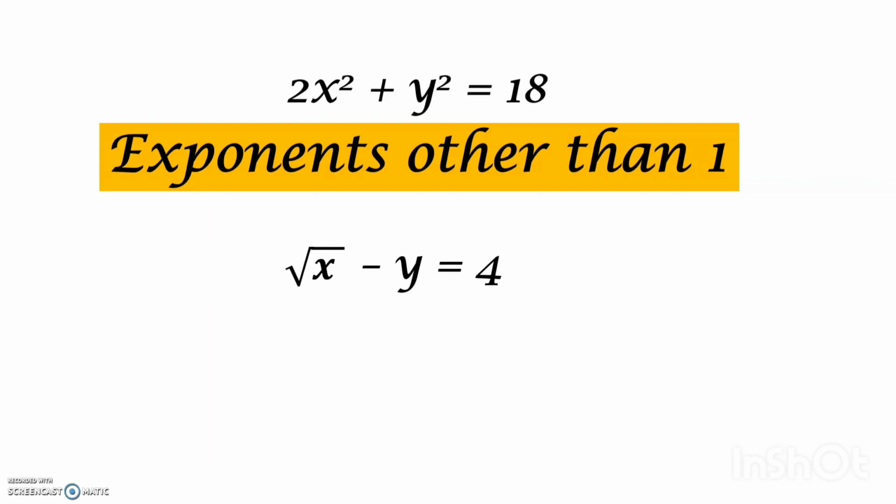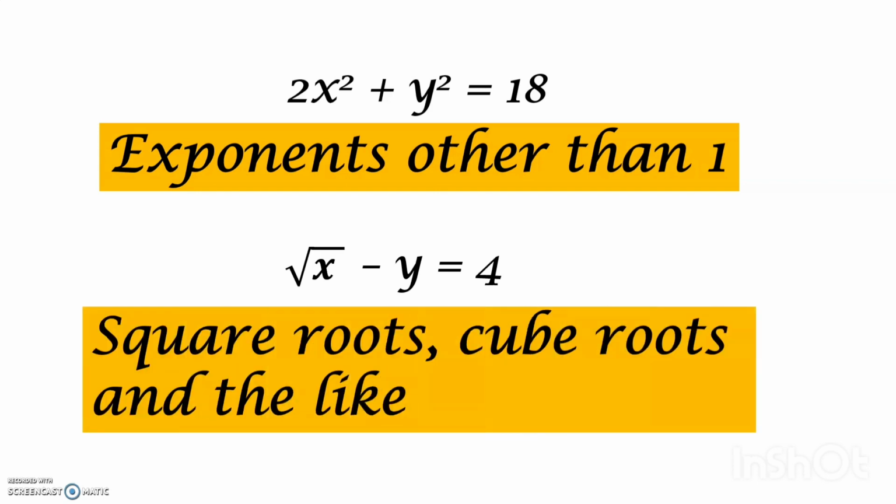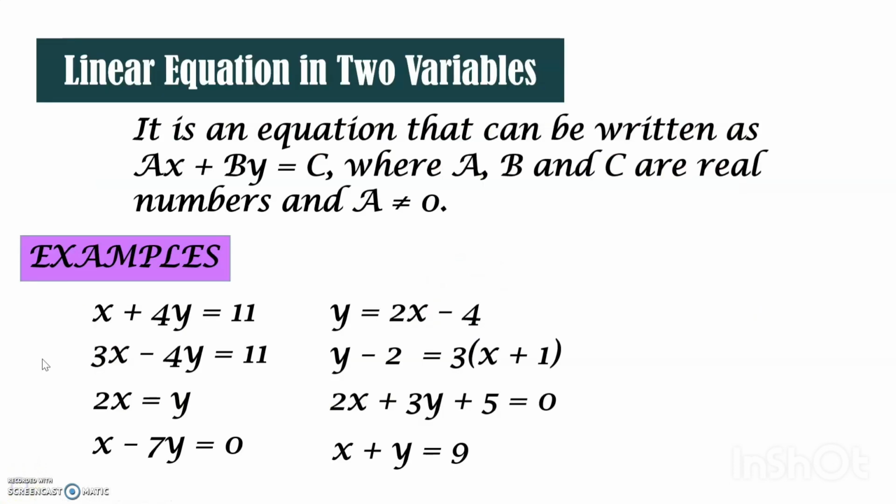How about the second one, square root of x minus y is equal to 4? Why is this not a linear equation? That is because of the presence of square roots, cube roots, and the like in the given equation. Therefore, it is not a linear equation in two variables.